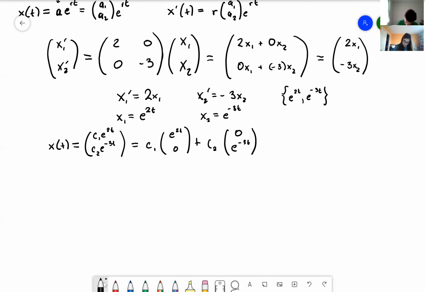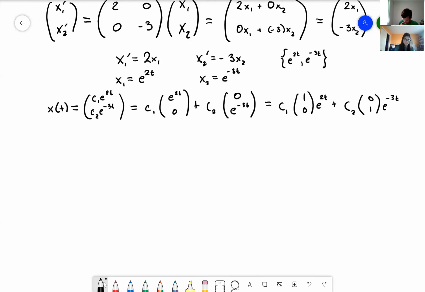And if we pull the scalar function out of each of them, then what we get is c1 times the vector 1, 0 e to the 2t plus c2 times 0, 1 times e to the minus 3t. So that's how we can represent our solution. Our two vectors that represent our fundamental set of solutions will be this one and this one.